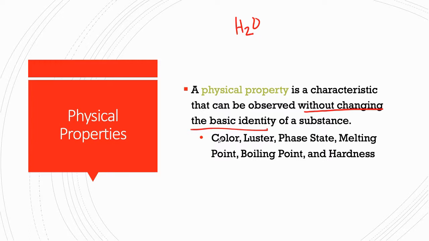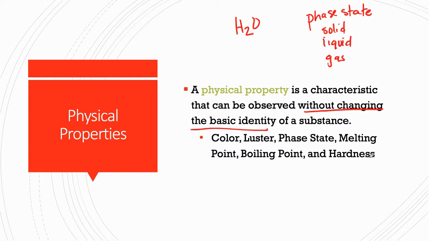Okay, so here's some others. Color, luster. Luster just means is it shiny or not? And then phase state, when we talk about phase states, we're just talking about the state of matter. We're talking about is it a solid, a liquid, or gas. That's a physical property that we can use to describe it. Melting point or boiling point are physical properties. Hardness is a physical property.